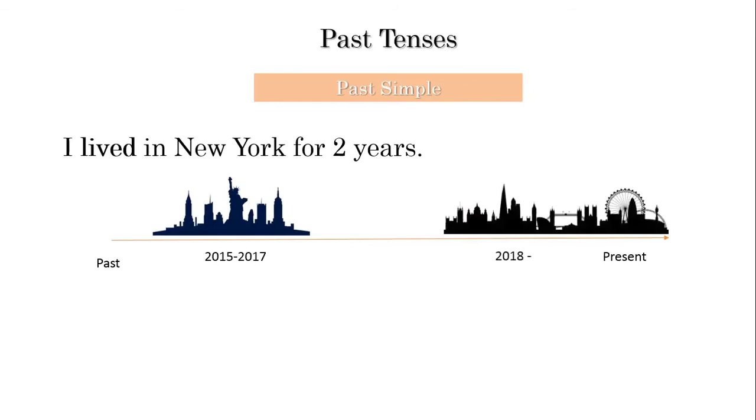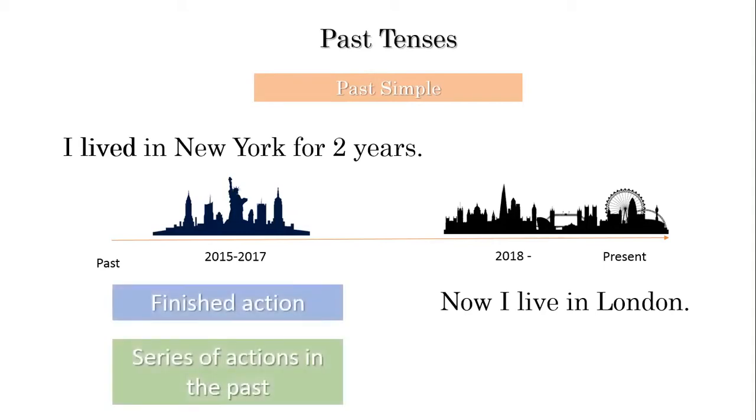What happened then? Then he moved to London. And now he lives in London. Okay, to understand past simple, we have to remember that past simple is always finished action. So the action started in 2015 and finished in 2017. That's it. Okay, so this is finished action.